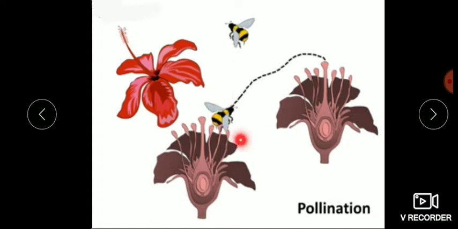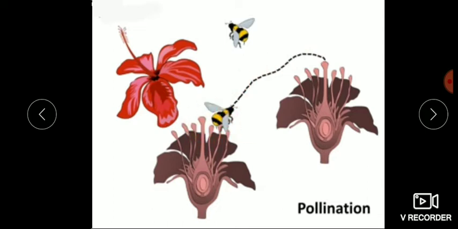It sits on the flower, and during that time pollen grains may stick on its body. When the insect goes to another flower of the same kind, pollen grains are again transferred to the stigma. It's called pollination.